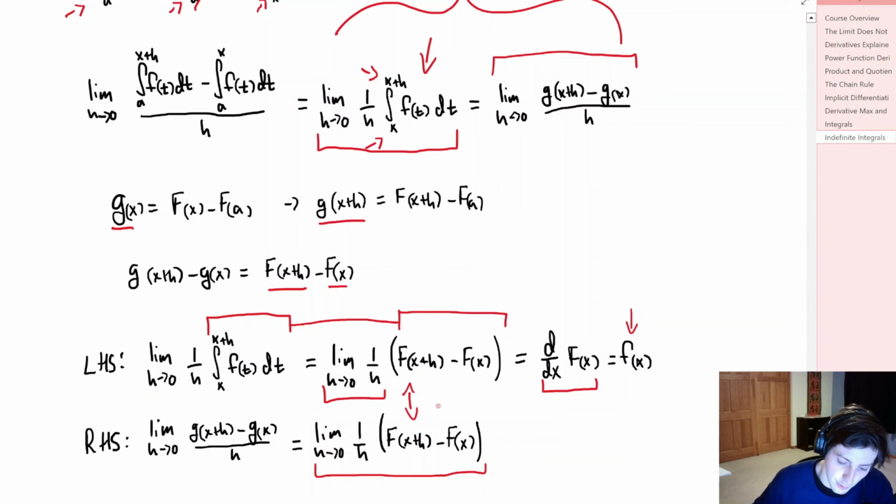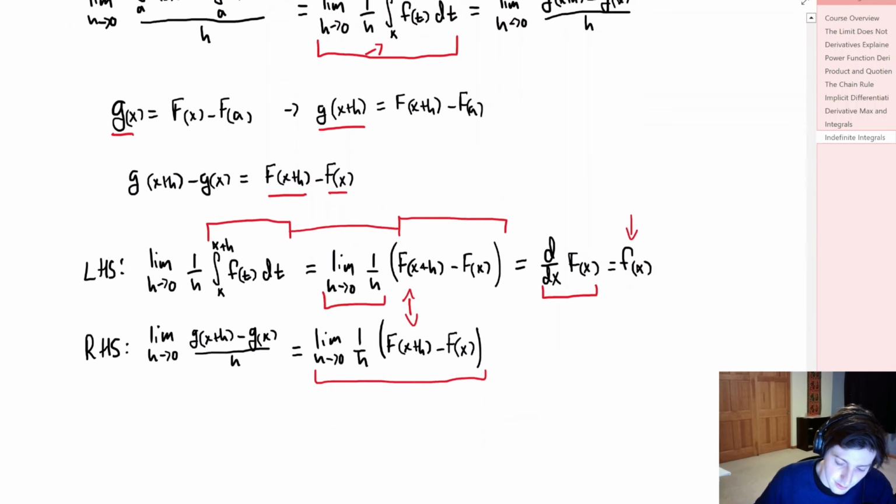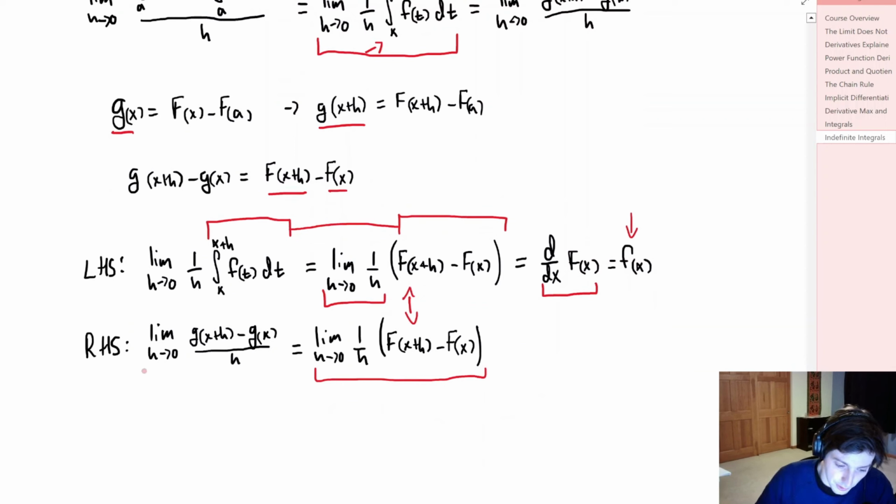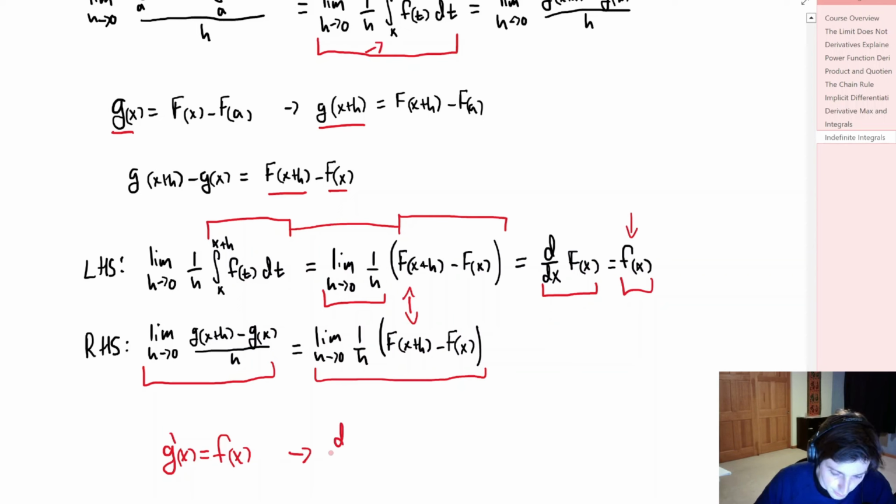So we can say that g prime of x, the derivative of g with respect to x, is equal to f of x. You might also see that represented as the derivative with respect to x of the integral from a to x of f of t dt, which is equal to f of x.